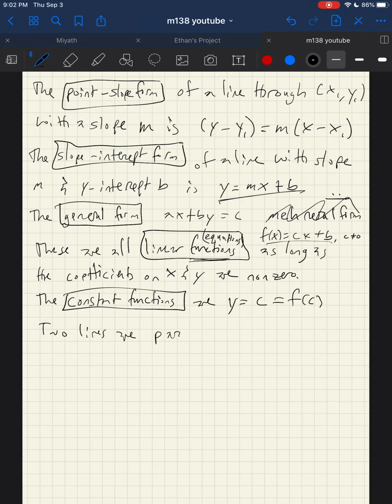Okay, so we say two lines are parallel. You can remember how to spell parallel because it's got two L's in the middle, just like parallel lines. If they have the same slope.